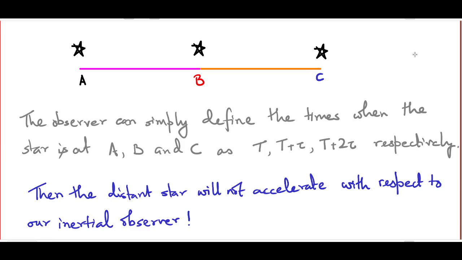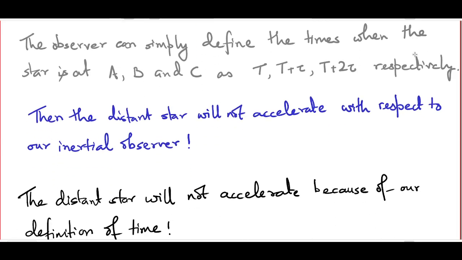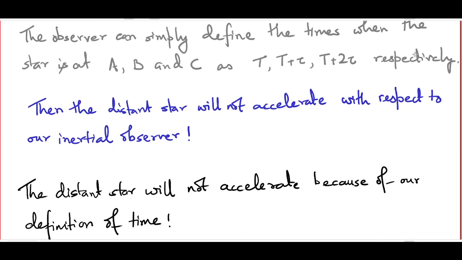Note that the original distant star with respect to whom we fixed this observer will simply not accelerate because it's not moving, but this one, the second distant star, will be moving but yet not accelerate. But this is really rather trivial. All you are saying here is that the acceleration will not be there because this is how we have defined our time.